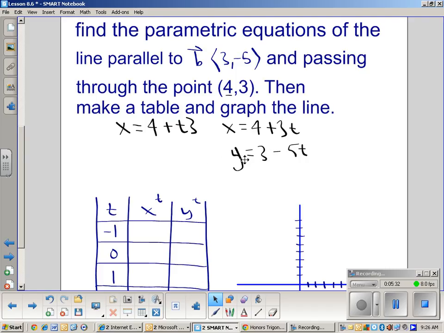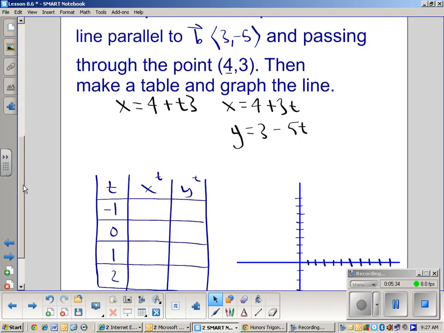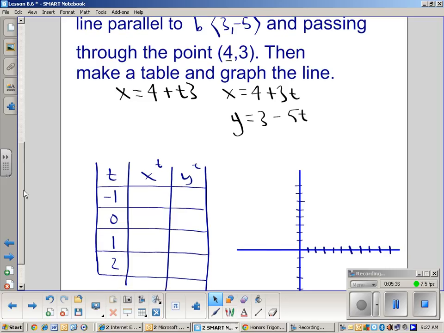Alright? Now we're going to use those equations to find x and y values. I don't know why I put a T up there, made it look like a power. But I'm going to make a table, and I'm just going to choose some T values of -1, 0, 1, 2. And we're treating T like it's another variable.